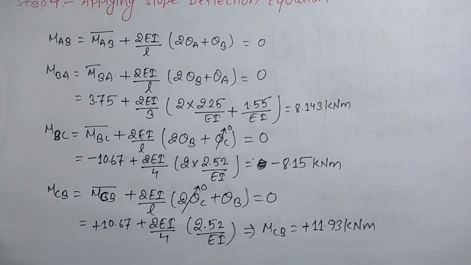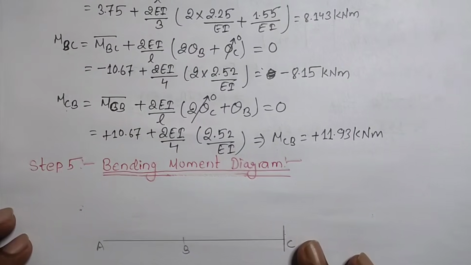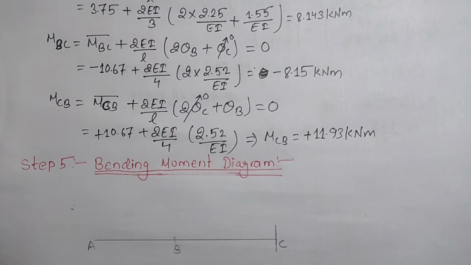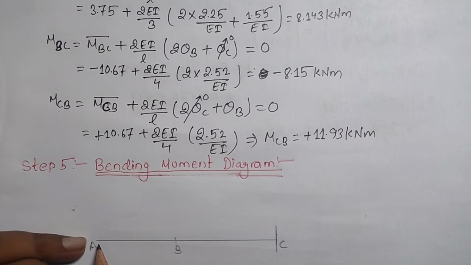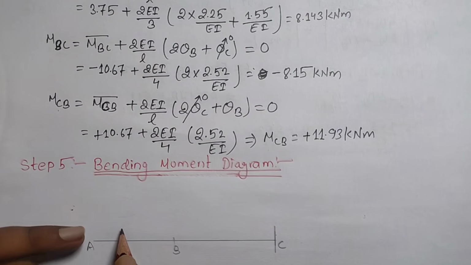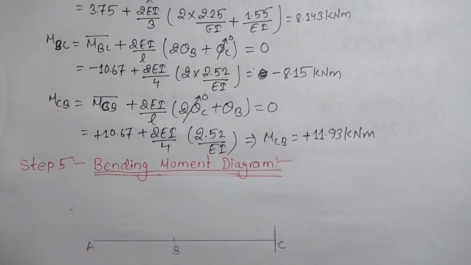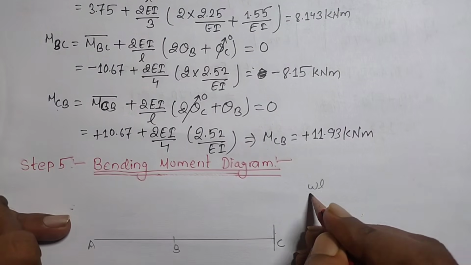So guys, in step 5, this is our final step, we will be drawing the bending moment diagram. As span AB was carrying the point load at the mid span, we need to first draw the free bending moment diagram. For calculating the free moment when our span is carrying a point load at the mid span, we use the formula WL/4.